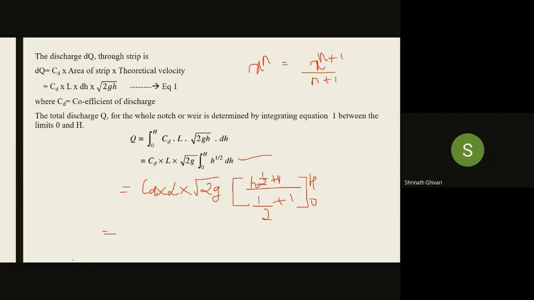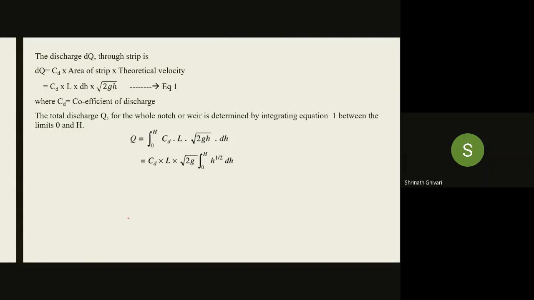So what will be there? Am I getting the correct answer? So h raised to 3 by 2 divided by 3 by 2. Correct? Everyone got the same answer?